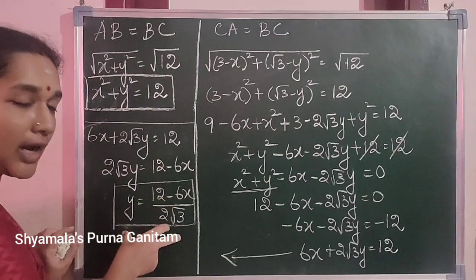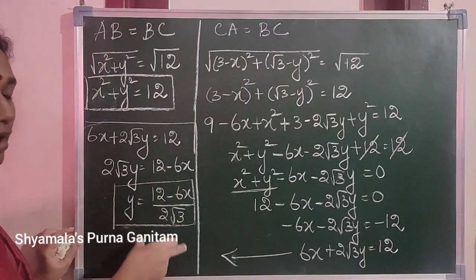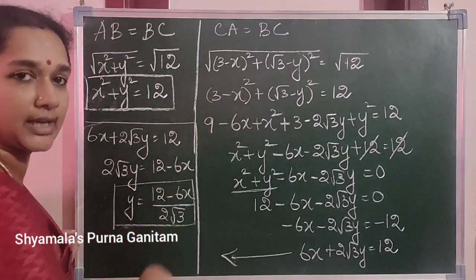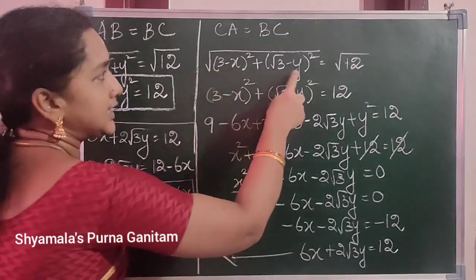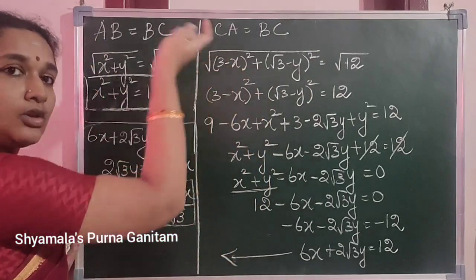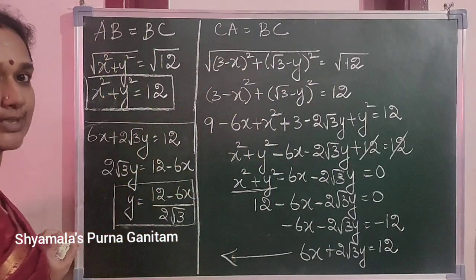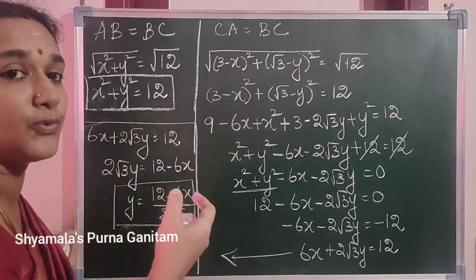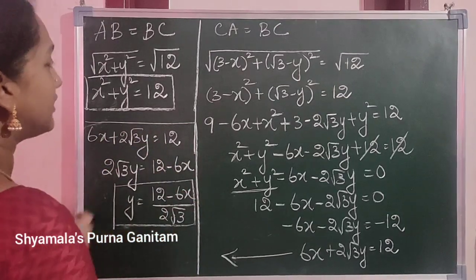Whatever y value I got, I will substitute it in an equation. In any equation you can substitute, either in this equation, or in CA, or in AB. If we substitute, we will get the value for x.